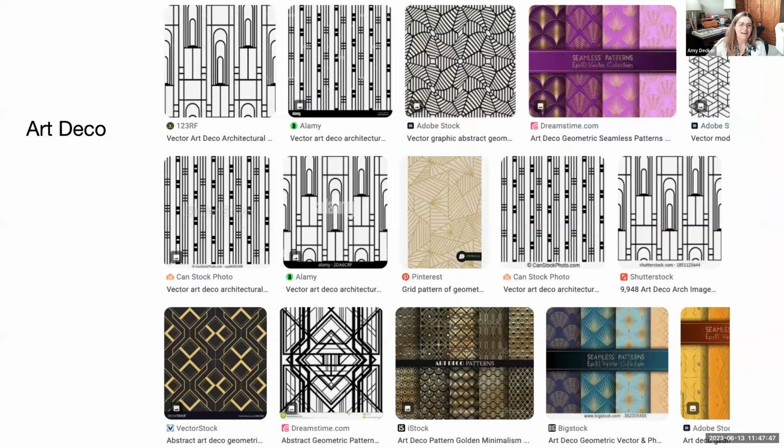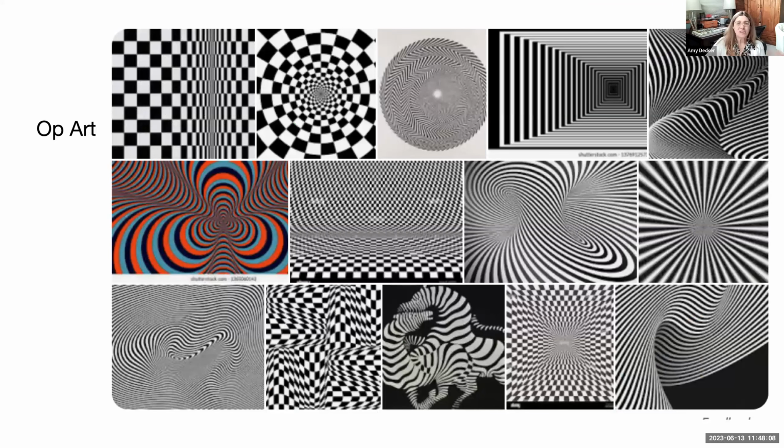Here's some examples of Art Deco. Look at the shapes that are forming, the reflection of things that we would see in a lot of architectural elements. Op art, you know, that illusion art, the things that make us feel like we're being hypnotized, right?